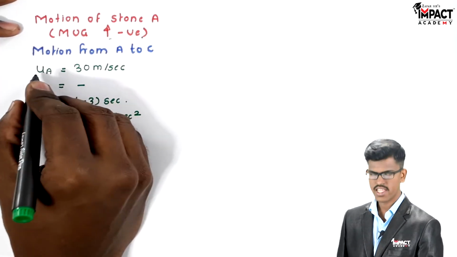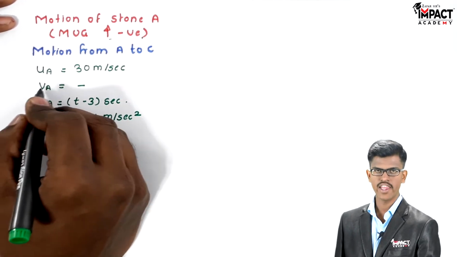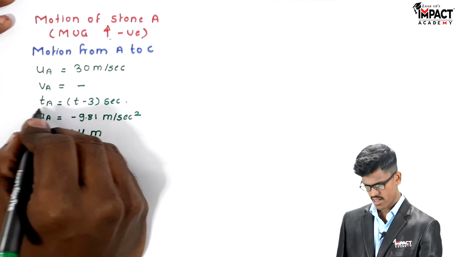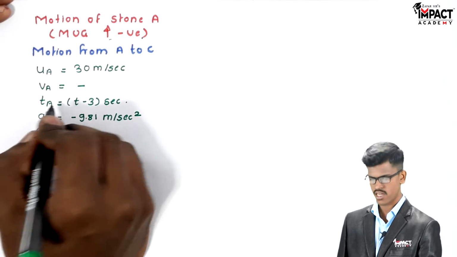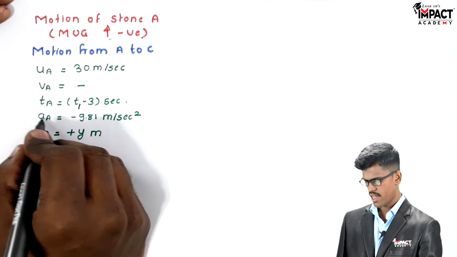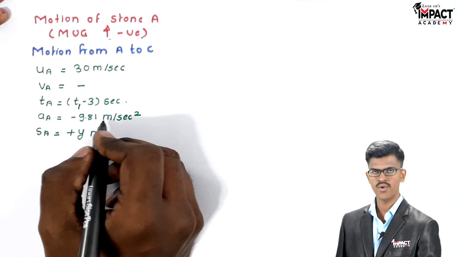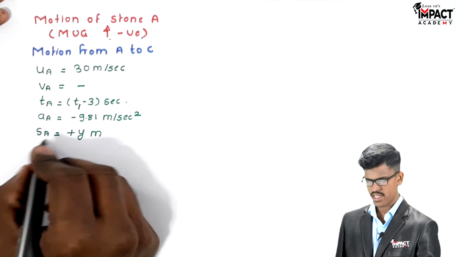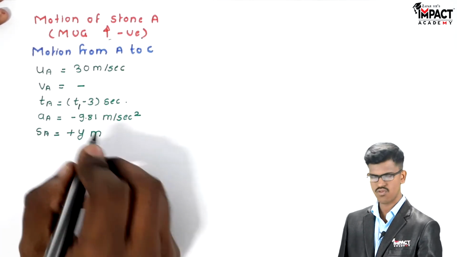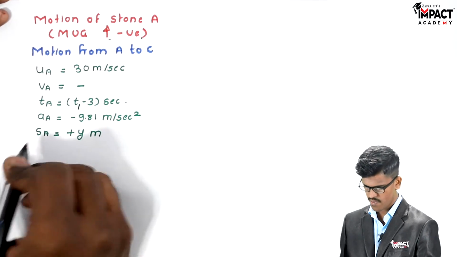So we get the initial velocity of stone A is 30 meter per second, final velocity of A not required, time required for the motion is t1 minus 3 seconds, acceleration of stone A is minus 9.81 meter per second square, and the displacement of A is positive y meter.